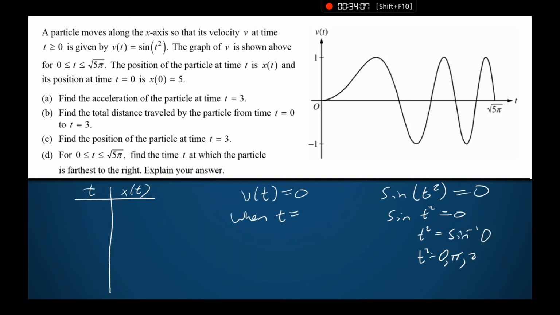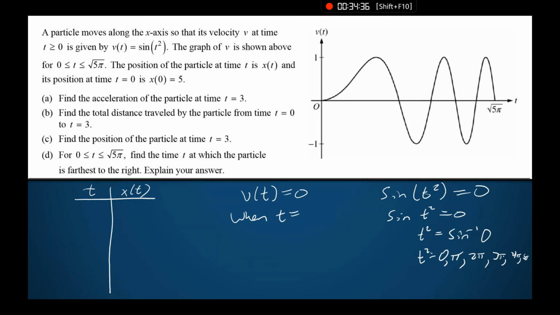Okay, keep going. We need a couple more. 2 pi. Okay. So all of these, when we're changing from 2 pi, 3 pi, 4 pi, 5 pi.